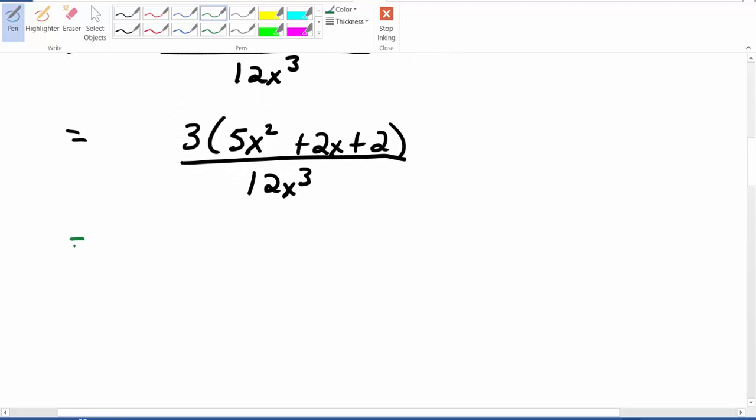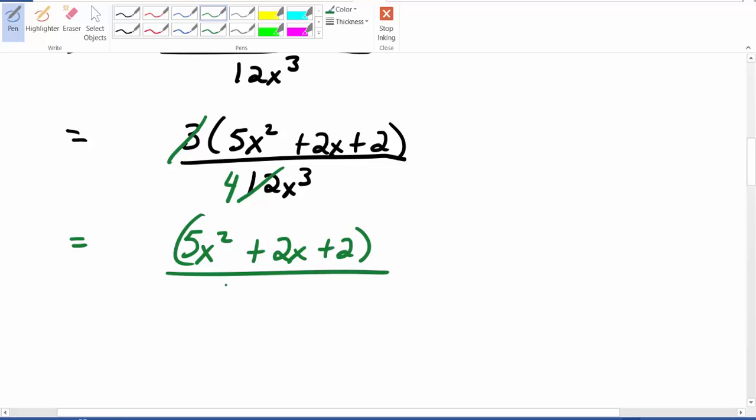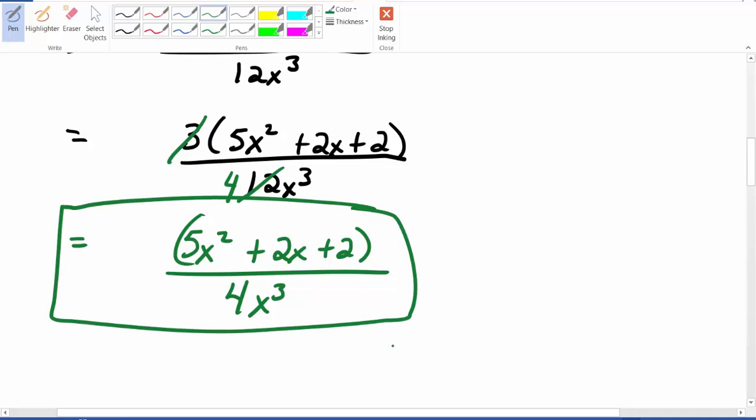And it looks like we can break this down by dividing the top by 3 and bottom by 3. So our final version comes out to be 5x squared plus 2x plus 2 on the top divided by 4x cubed on the bottom. Again, that is example 9 from our 8.5 set of notes.